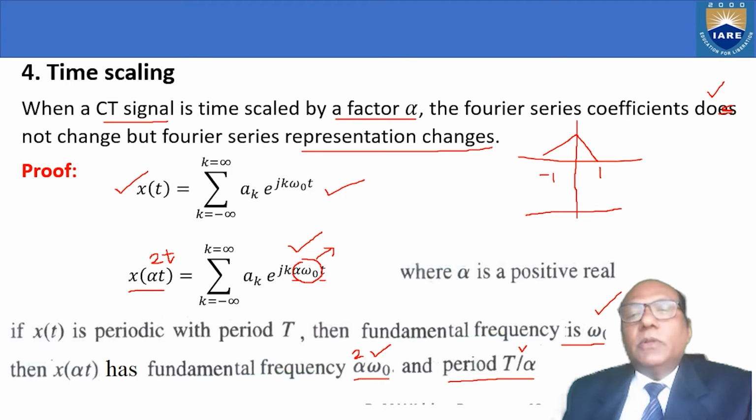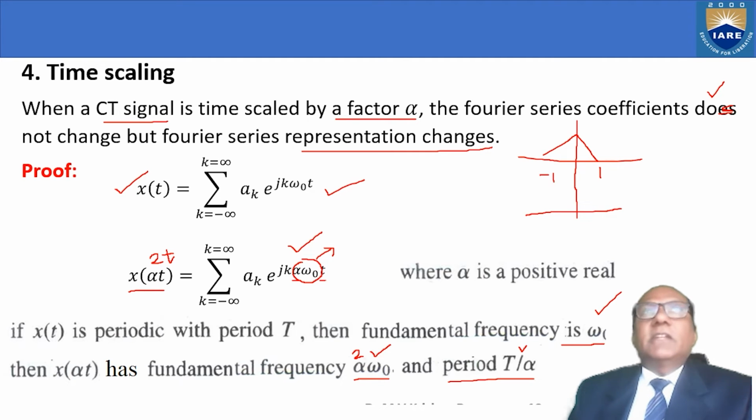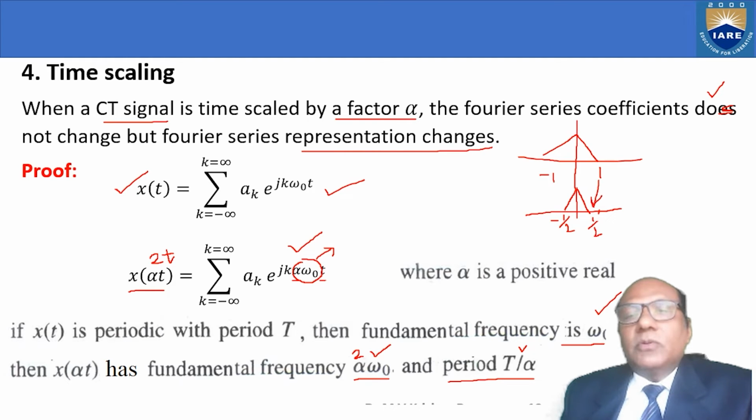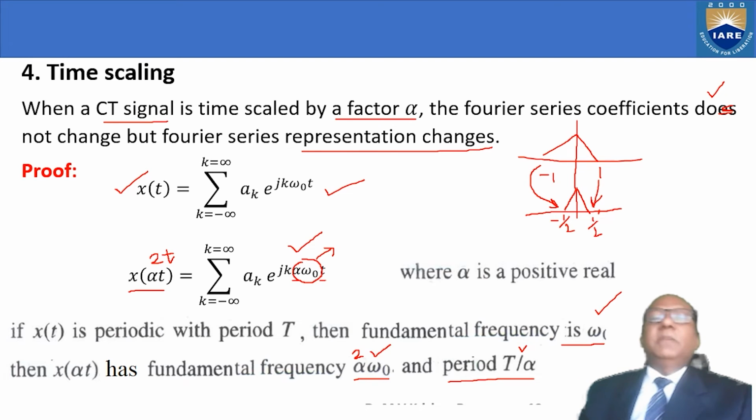So when alpha is greater than 1, it is called compression. The signal becomes compressed to half because alpha equal to 2. So this is 1, and the width of the signal will become half of this. So this is 1 by 2, because the actual 1 is transformed to half, and -1 has become -half. So the signal is basically compressed.